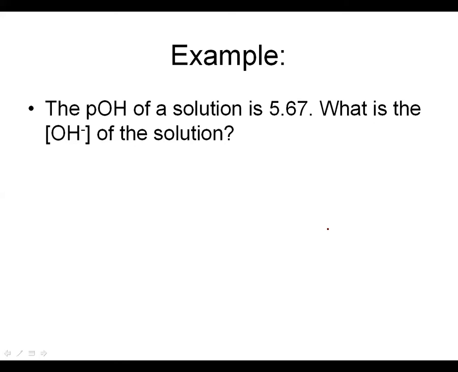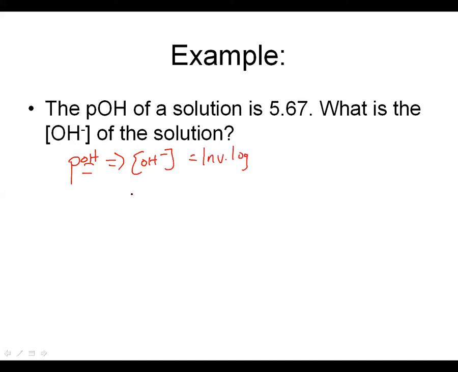Okay, so here again, we're going to basically do the same thing. Remember that if you are given the pOH, from the pOH, you can get the OH minus concentration. And it really is the same calculation for all this stuff. It is going to be the inverse log of the minus pOH.